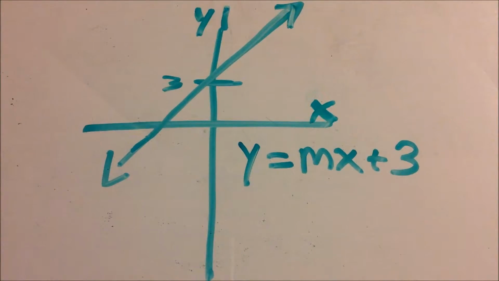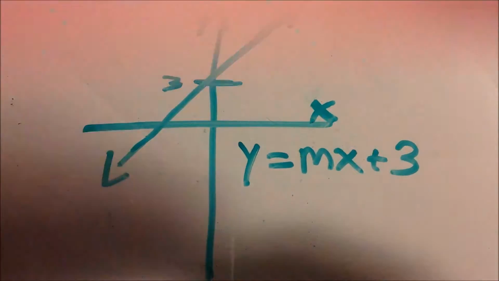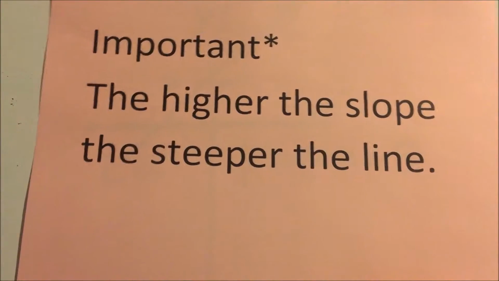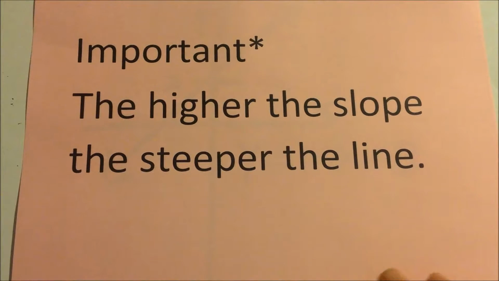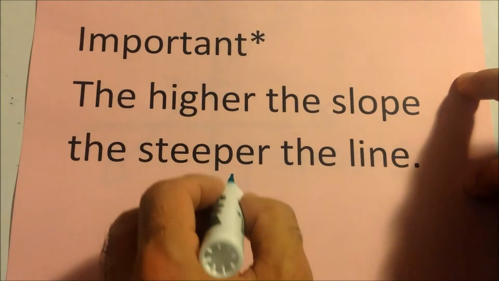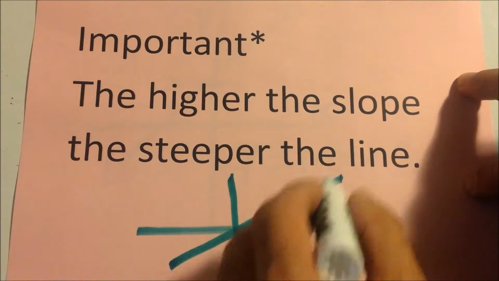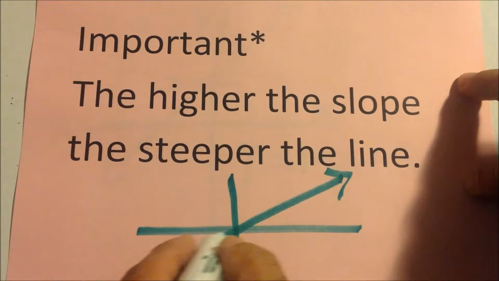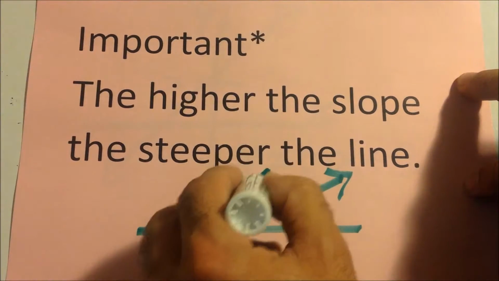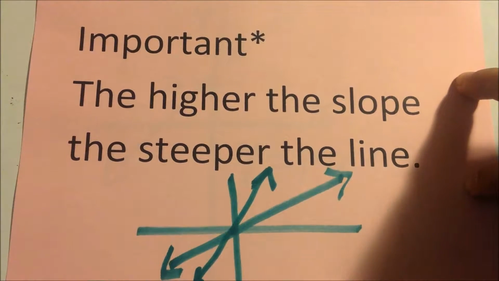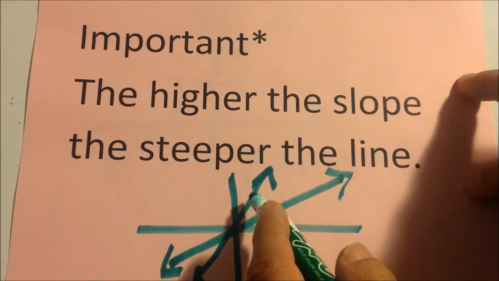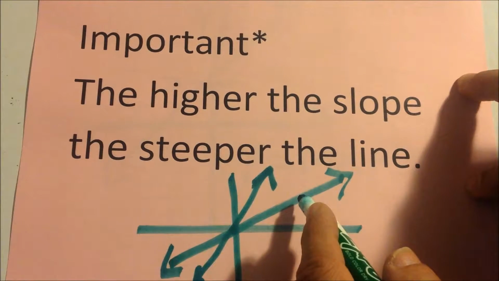Now, it's important to know about slope that the steeper the line, the higher the slope. So make sure you know this. The steeper the line, the higher the slope. So if we had a rough graph, let's say we had a line going like this, and we had another line going like this. We know this line will have a higher number slope than this line because it's steeper.